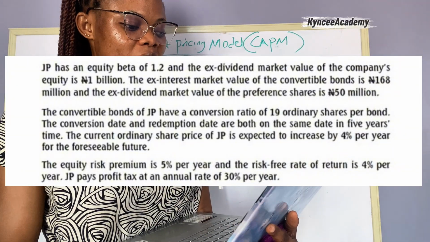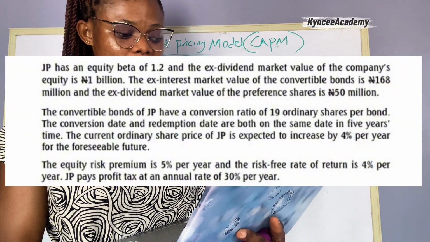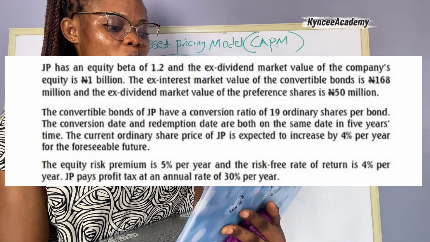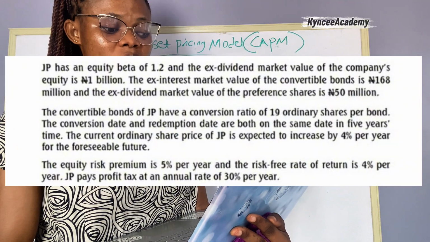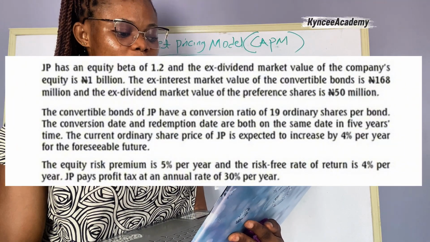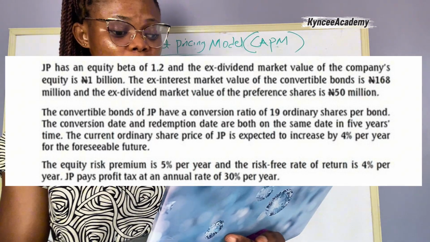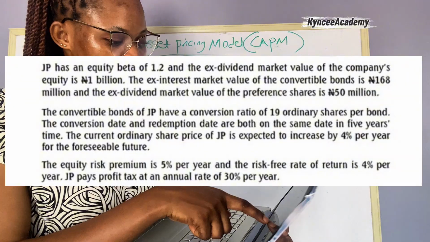And the market value of the company's equity is 1 billion. We don't need that information. The market value of the convertible bond is 168 million. We don't need it. And the market value of the preference share is 50 million. We also don't need that. So, okay, we'll now move down to this.